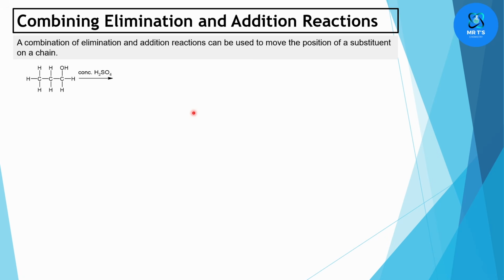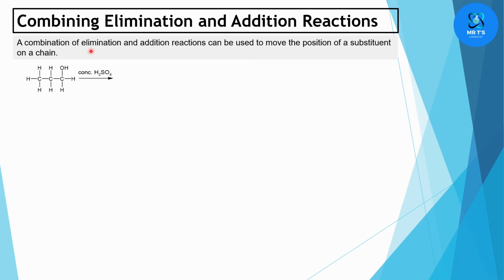And in this case, what we have here is propan-1-ol, and I want to turn it into propan-2-ol. What I can do is a sequence of elimination and addition reactions that will move where the substituent, the OH, is attached. In the start, the OH is attached to the first carbon. So I'm going to add concentrated sulfuric acid.